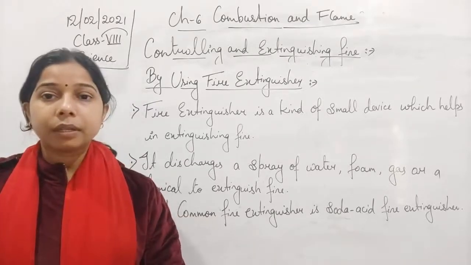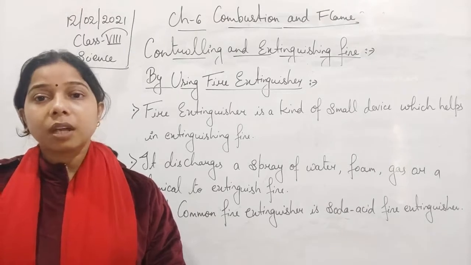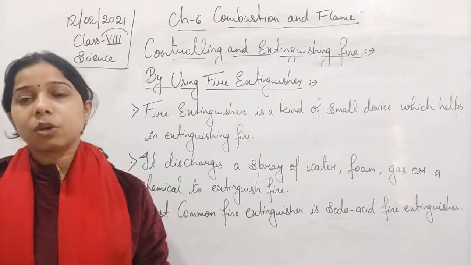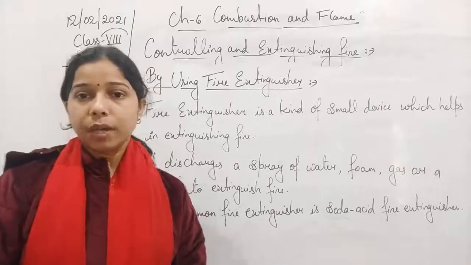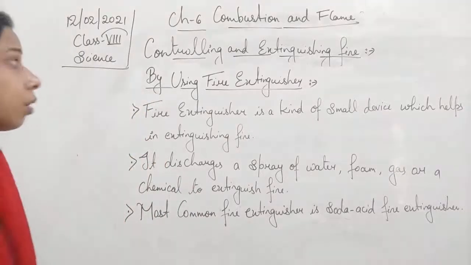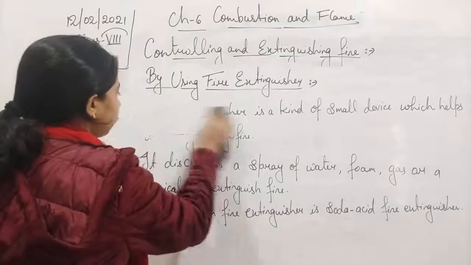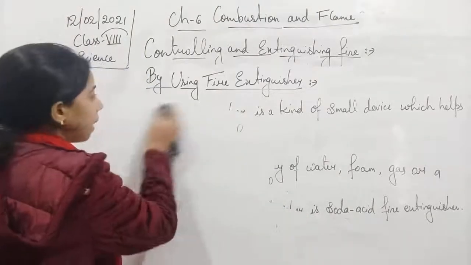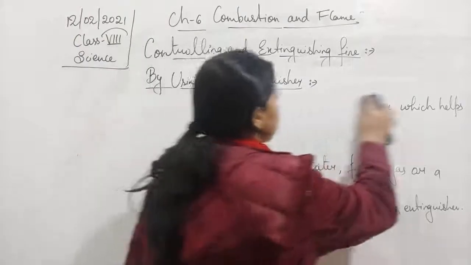Now I told you that carbon dioxide is a good one for extinguishing fire. It does not support combustion. Okay. So we can write what a soda acid fire extinguisher is.